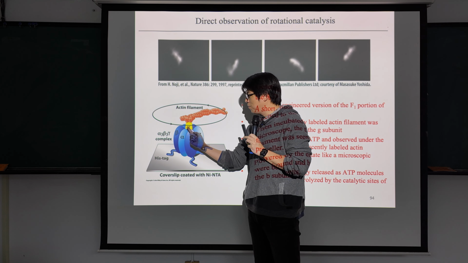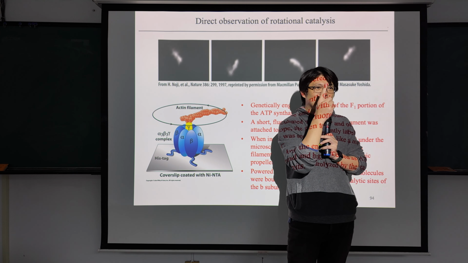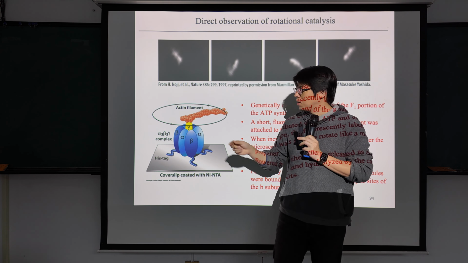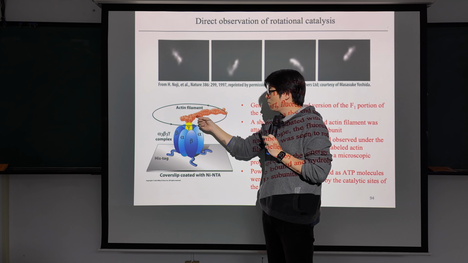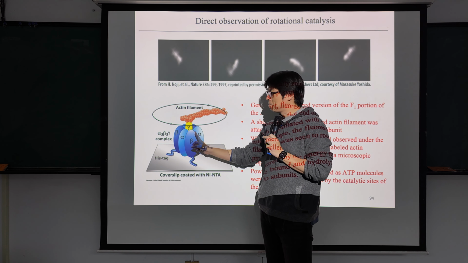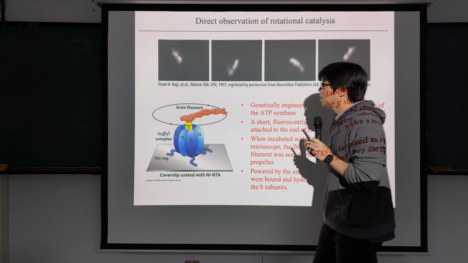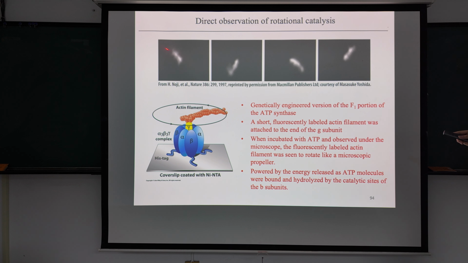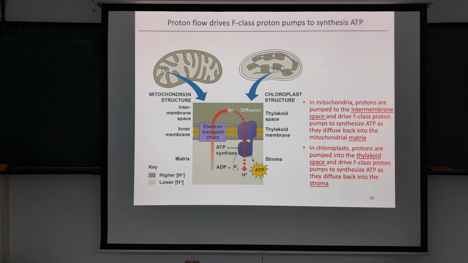But if the gamma rotates, you probably cannot tell because it's only one spot, right? So they conjugated a long actin filament to the gamma subunit. Once they added ATP, the actin filament started to rotate like a helicopter, proving this.